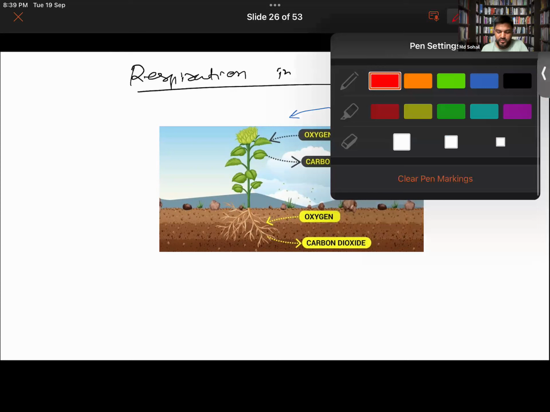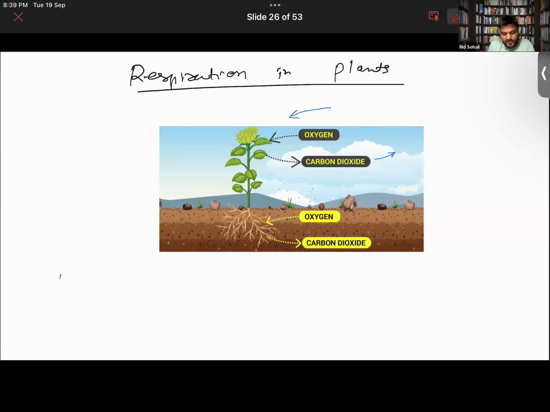Okay, sure. Look here. In the process of photosynthesis, carbon dioxide is taken up by the plants from the atmosphere via the stomatal pores. The stomata have small openings.